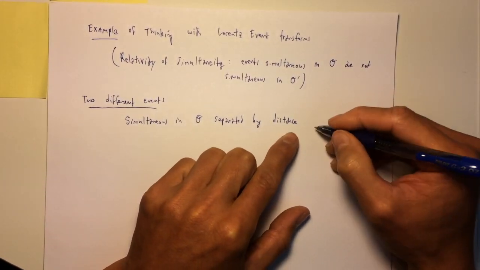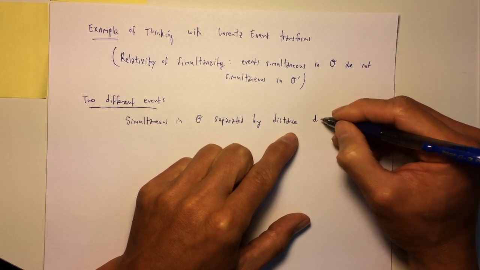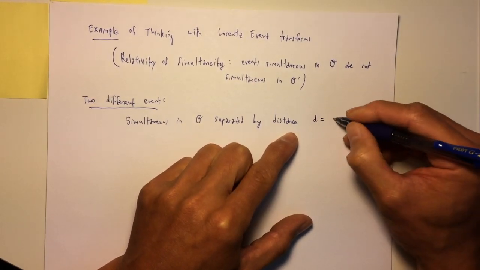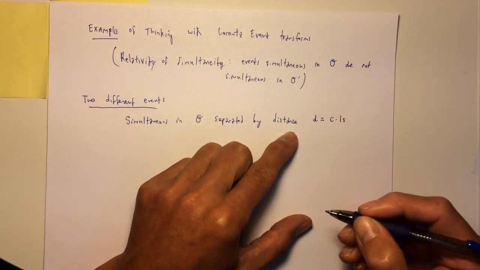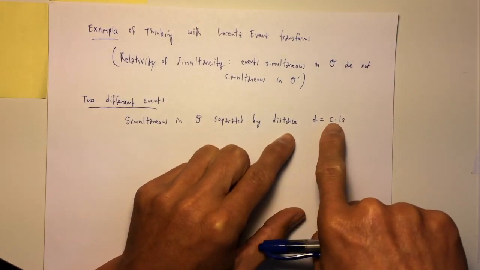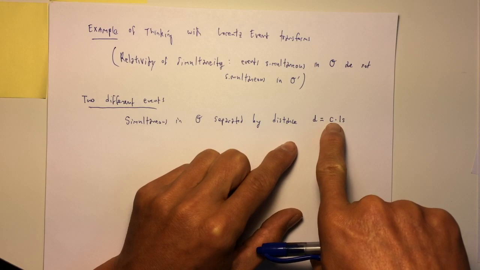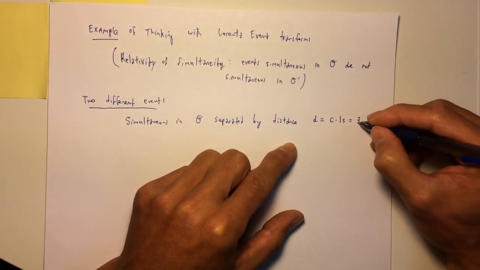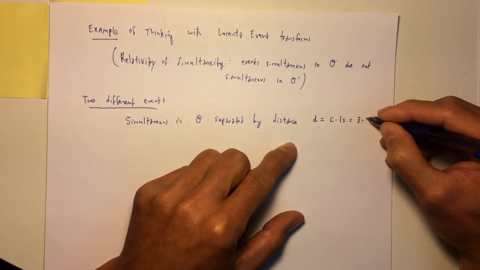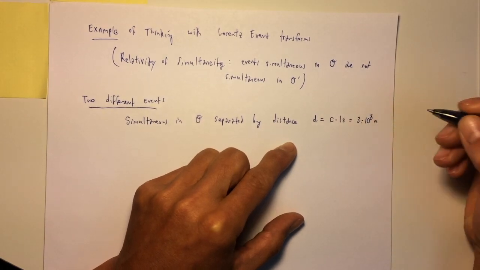And this is kind of a weird distance. I'm going to say d equals the speed of light times 1 second. So, you know, this is 3 times 10 to the 8th meters per second times a second. This is 3 times 10 to the 8th meters.